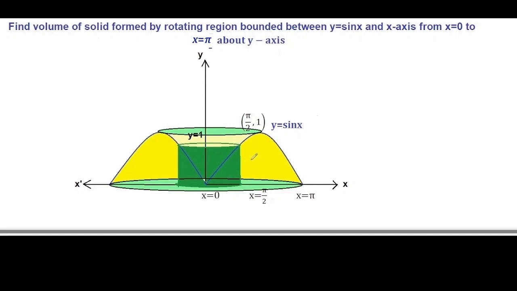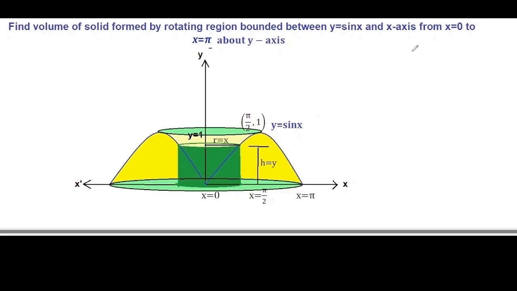So for the curved surface area, we need the radius and height of the cylinder. So this is the height of the cylinder, and we can see the height is actually the distance from the x-axis. So the y coordinate of this point will give you the height of the cylinder, and this is the radius of the cylinder, and as the radius is the distance from the y-axis, the x coordinate of this point will give you the radius of the cylinder. So these are the height and radius of the cylinder.